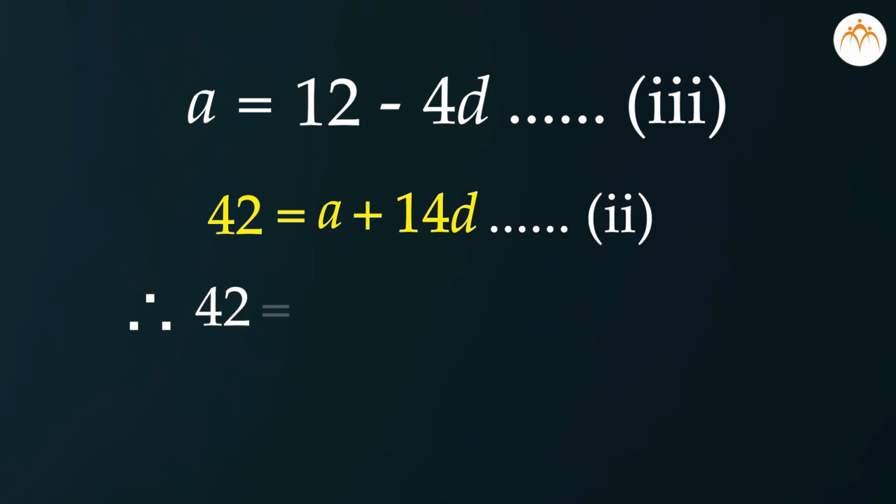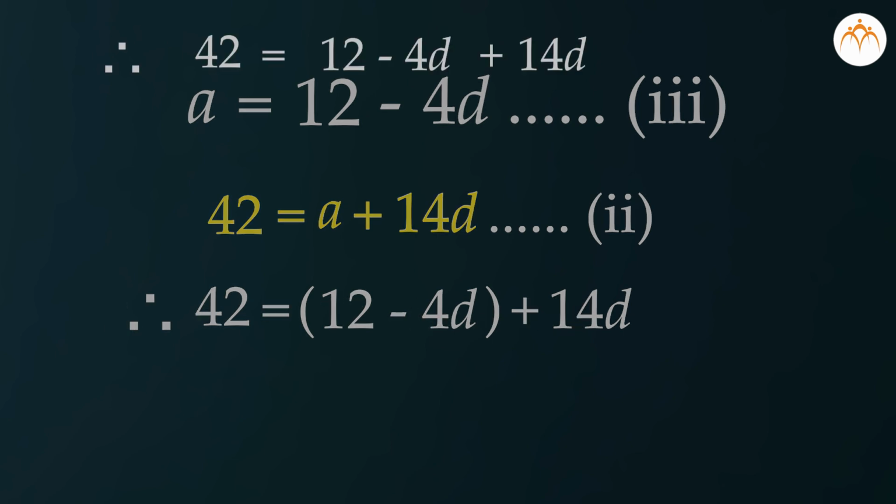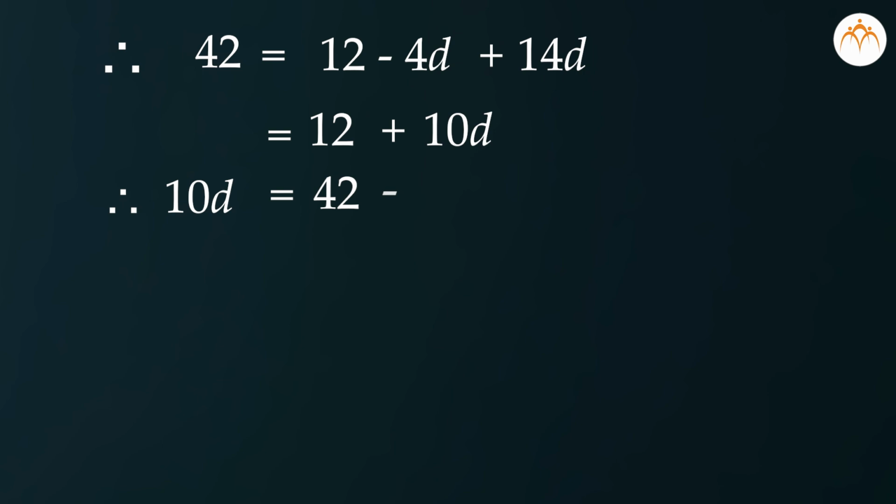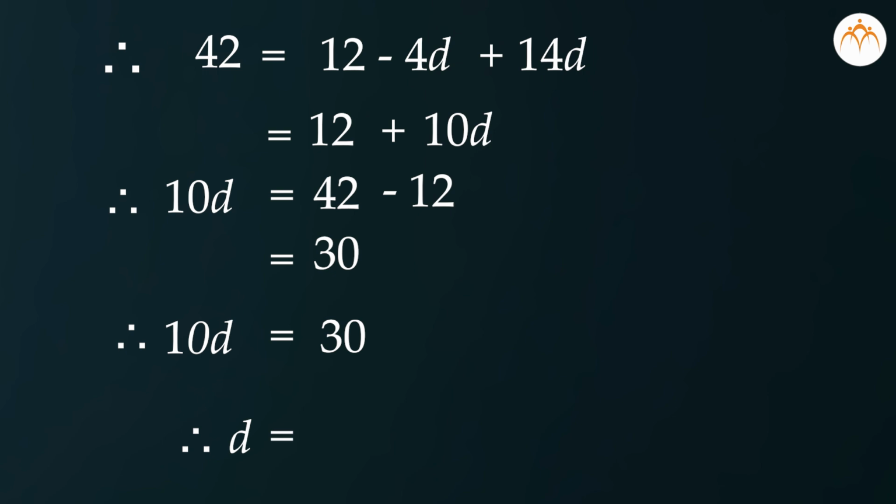Therefore, 42 is equal to 12 minus 4D plus 14D from equation 3. Therefore, 42 is equal to 12 plus 10D. Therefore, 10D is equal to 42 minus 12, which is 30. Therefore, D is equal to 3.